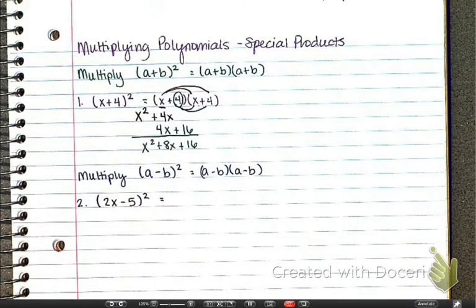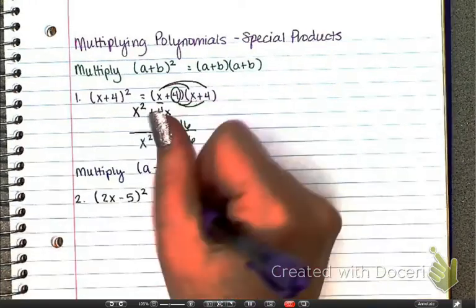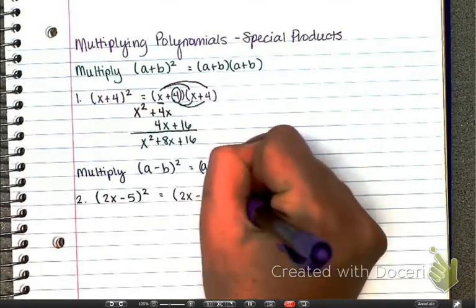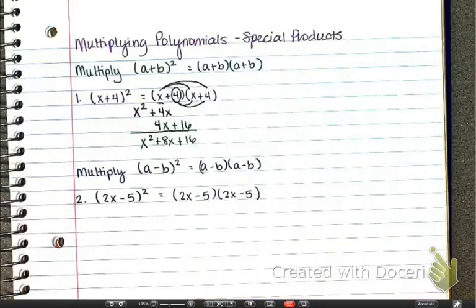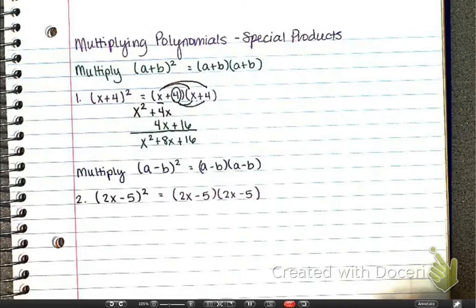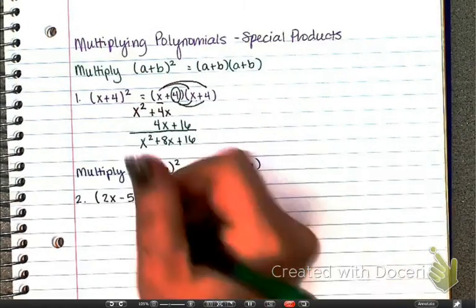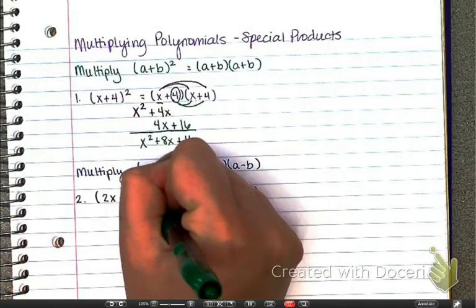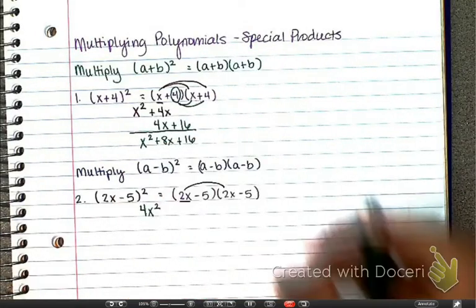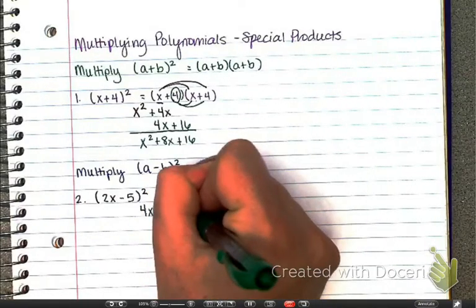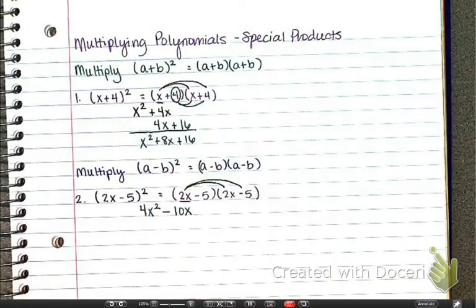Okay. Hopefully you started by writing 2x minus 5 times 2x minus 5. From here you can do the box or you can distribute, whichever one you prefer. If I distribute, I'm going to do 2x times 2x, which is 4x squared. And 2x times negative 5 is negative 10x.